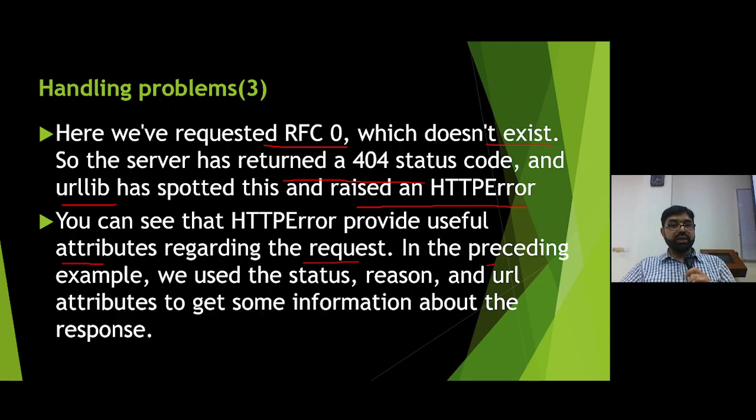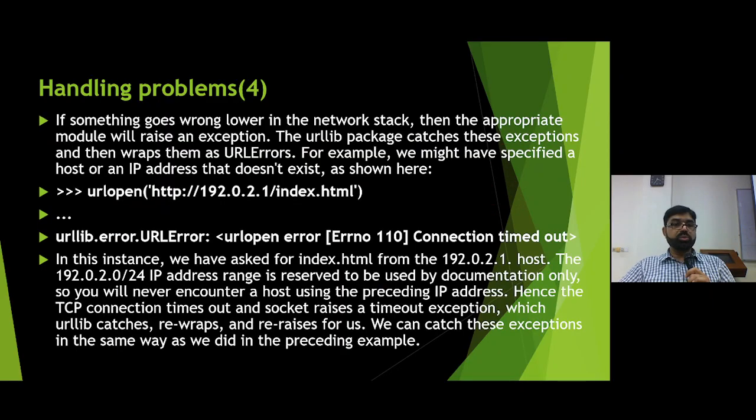Regarding the request, and in the preceding example, we will use status, reason, and URL attributes to get some information about the response. So suppose we are still handling the program. If something goes wrong lower in the network stack, the appropriate module will raise an exception, and the urllib package catches that exception and wraps it in a URLError.